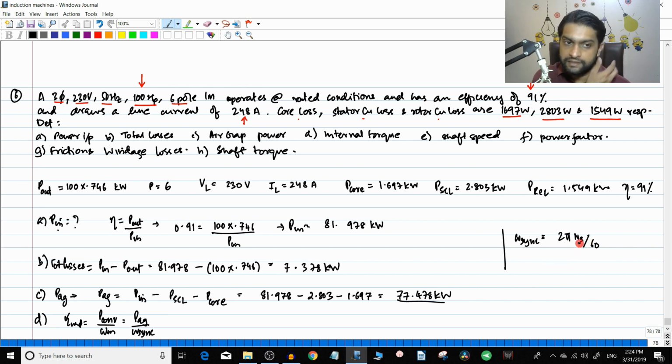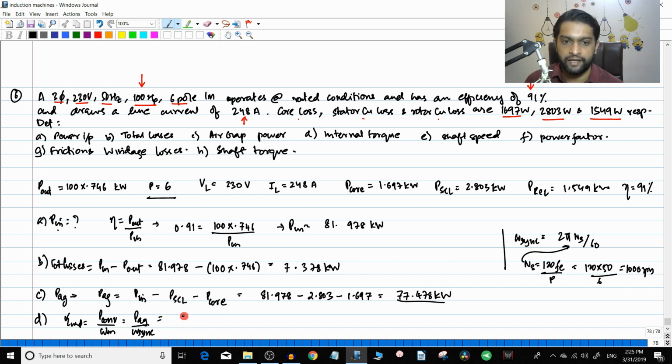The thing is to find the value of ns now. So ns is equal to 120 F electrical divided by P. Everything is given, so it is 120 into 50 divided by number of poles, which is 6. So this will be 1000 RPM. We can substitute this value in omega sync.